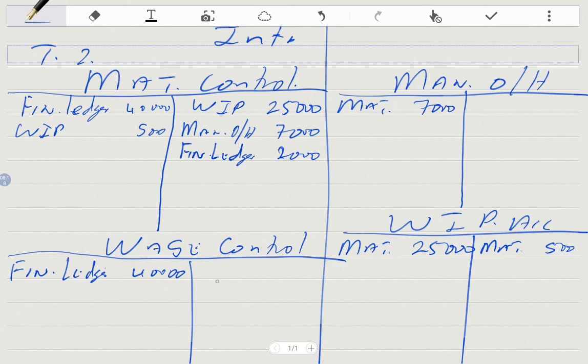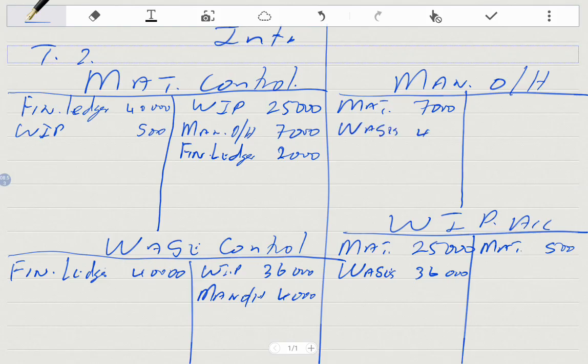Then we come to the side and say work in process for the direct one, which is equal to 36,000. We come to your work in process account, 36,000. And then the indirect will go to your manufacturing overheads, which is going to be 4,000. Wages, 4,000, it will go there. Then you'll finish with that account.